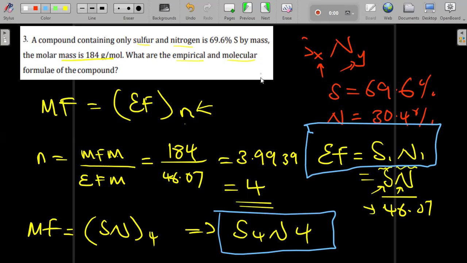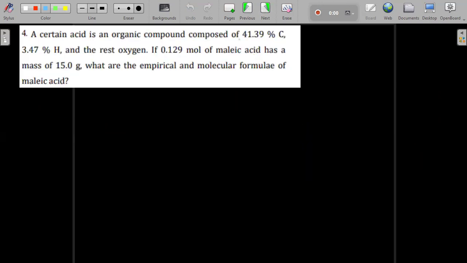All right, if there are no other questions on 3, let's solve question 4. Question 4 is also on the empirical and the molecular formula, so we are going to follow similar steps to the previous question. Let's read the question.